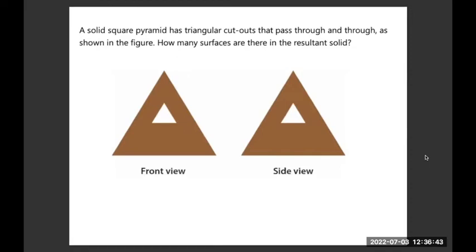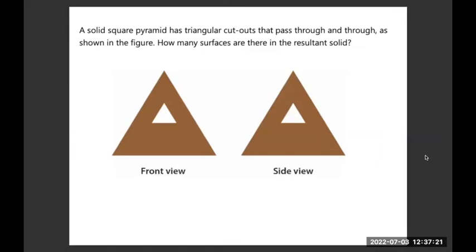Neil, your answer is wrong. Vanshika, please check your answer. There's a cutout in the middle.